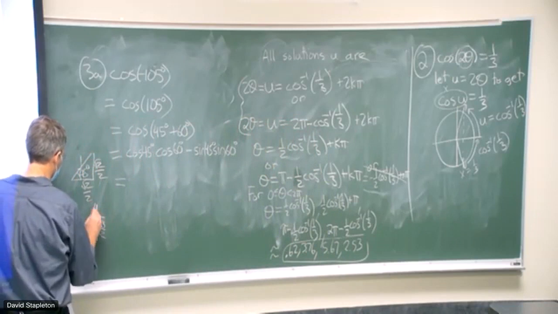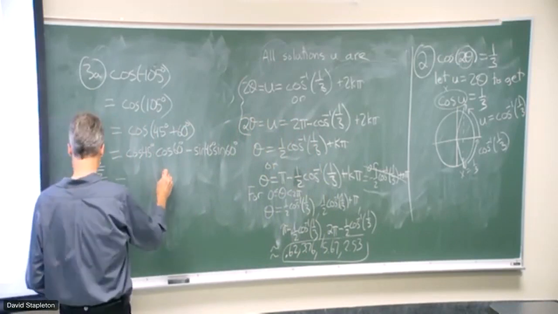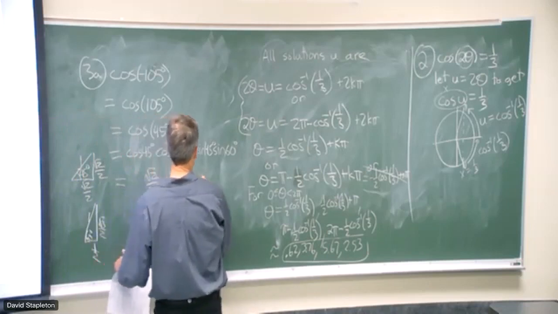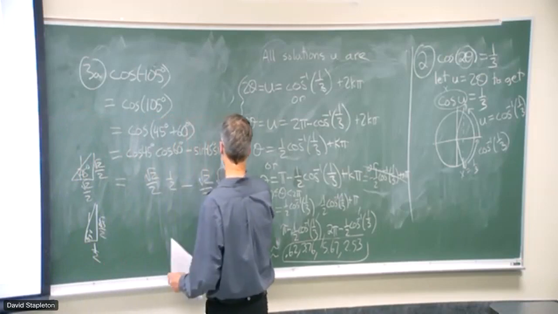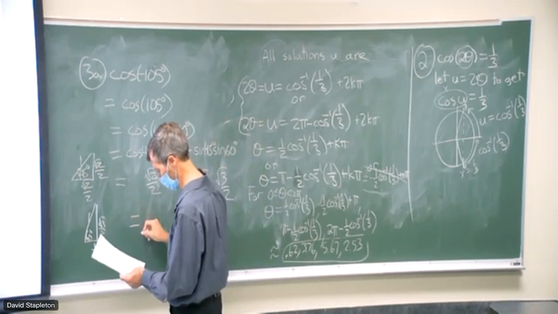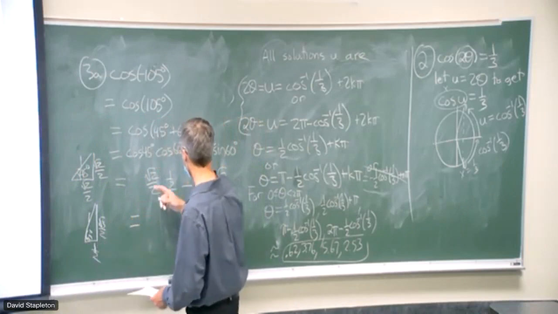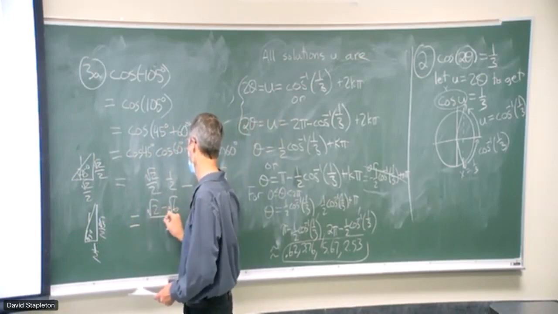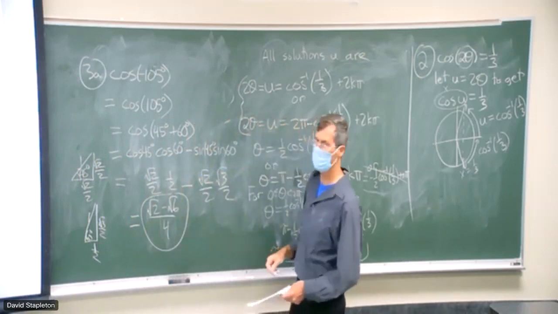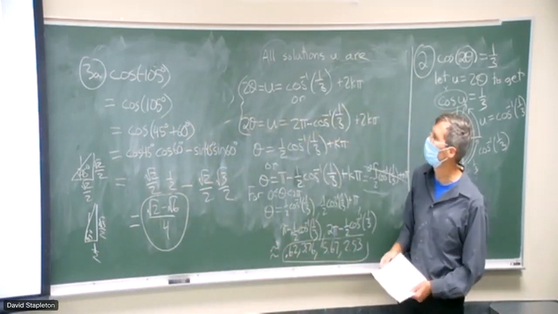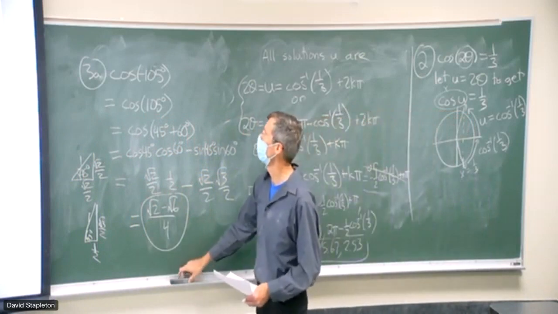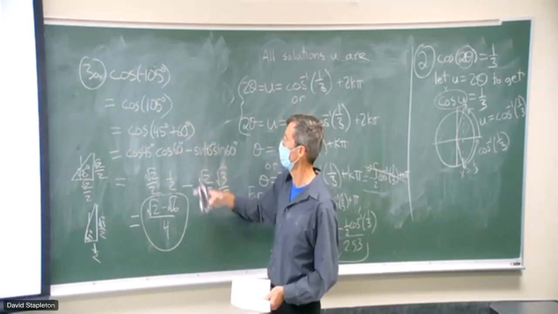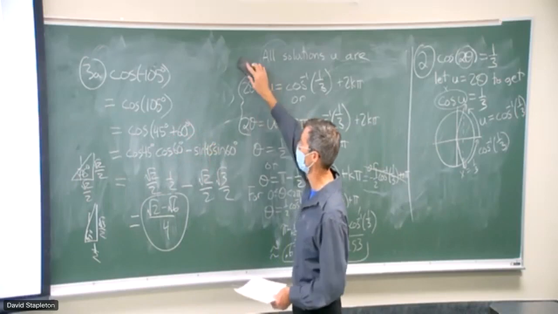Cosine of 60 would be a half, and square root 3 over 2 is the sine. This would be square root 2 over 2, and this would be square root 2 over 2. If you simplify that, it comes out to be square root 2 minus square root 6, all over 4. That was the answer to 3A. Just write it as a sum of special angles and then use the sum of angles formula.